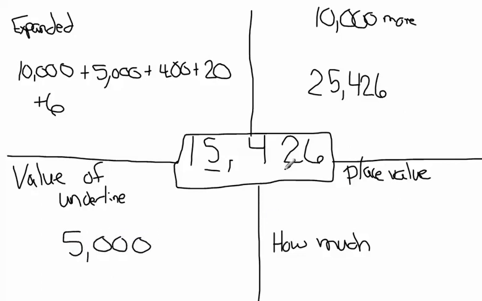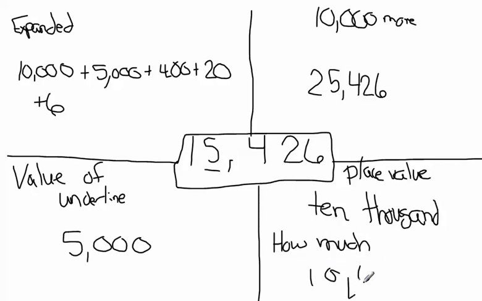And the place value that that 5 is in is the 10,000s place. And how much that place is worth is 10,000. That's a bad 10,000, but get the idea.